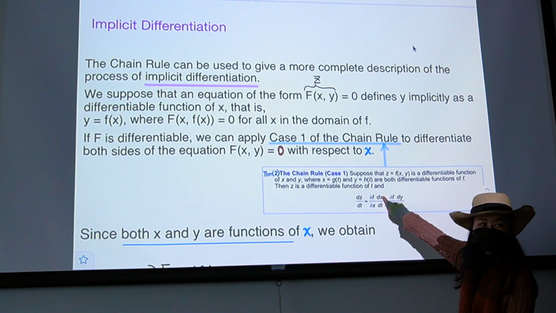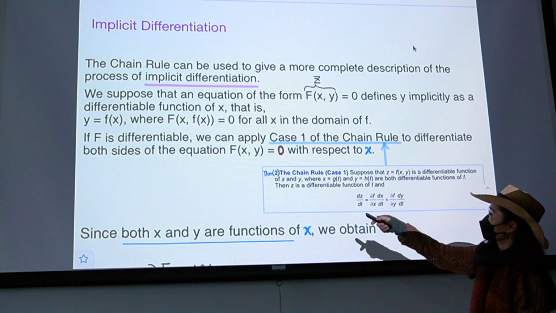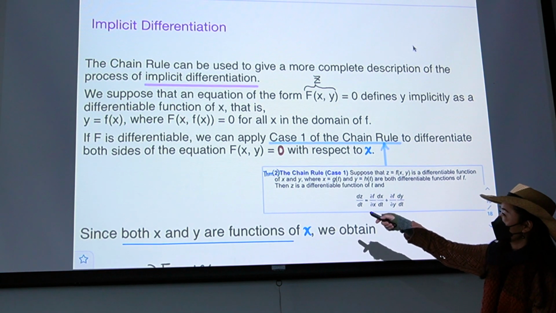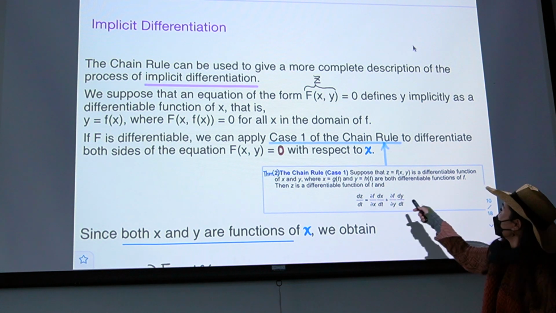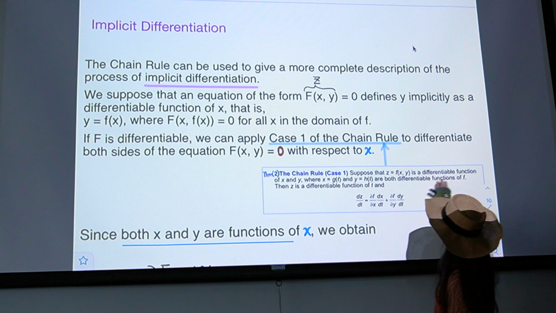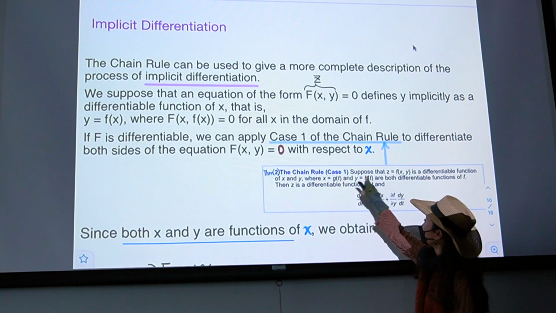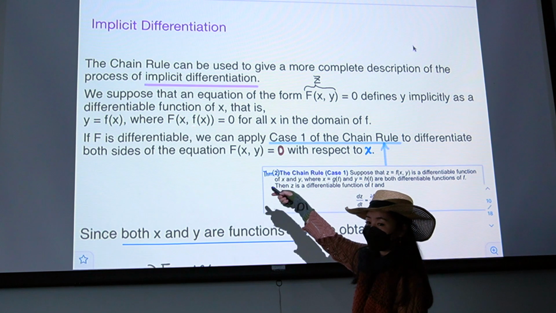In this case, what is the t? It is the x, right? Because in the chain rule case, x and y are functions of t, but here x and y are functions of x.